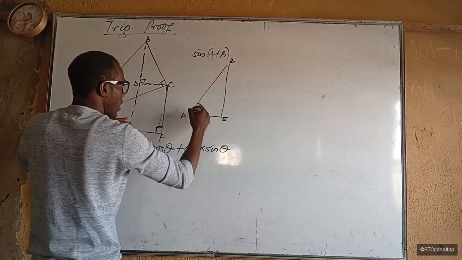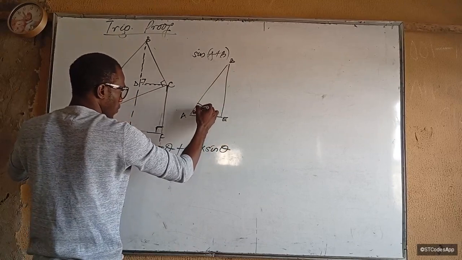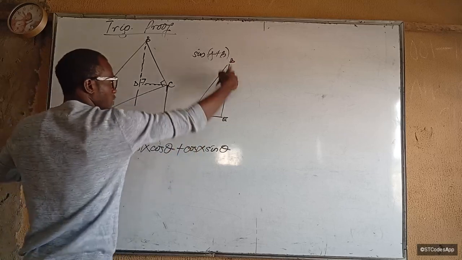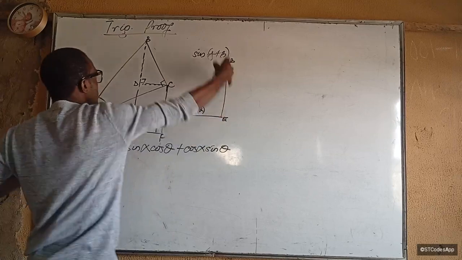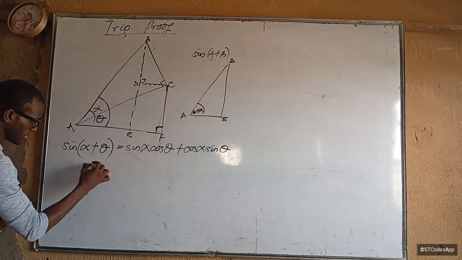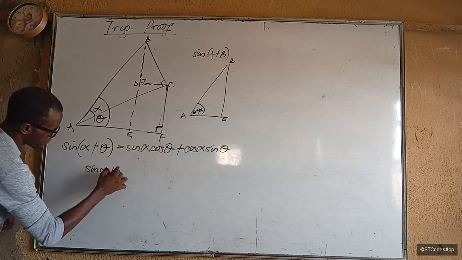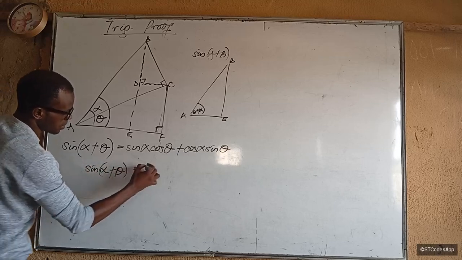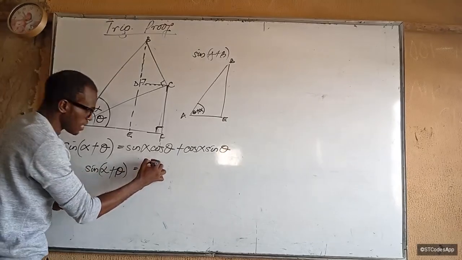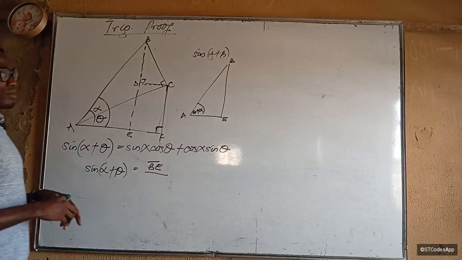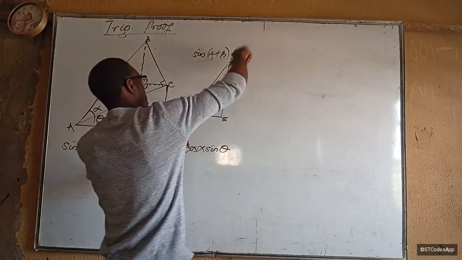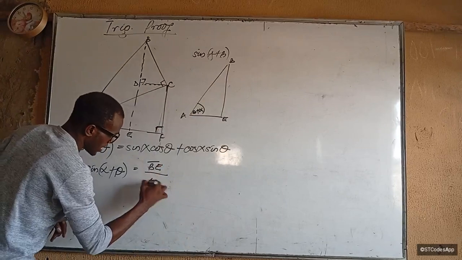Our angle here is theta plus alpha. So this place will be our opposite, which is BE. So the sine of alpha plus theta is actually opposite, line BE, over hypotenuse. The hypotenuse is AB. Okay, so that's line AB.